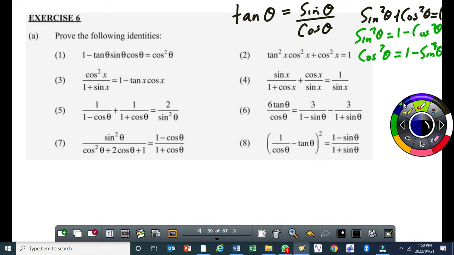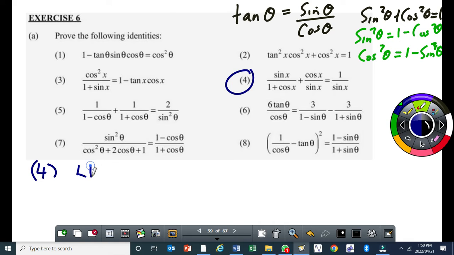All right. So we've got number 4. So number 4, as it is, the right-hand side is already simplified. Okay? So you have to simplify the left-hand side. To simplify the left-hand side until you get 1 over sine x, you might need a range of techniques there. Okay?